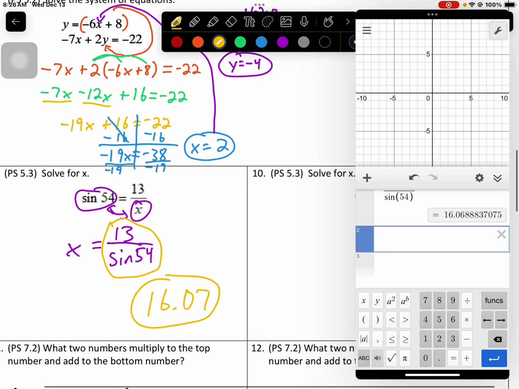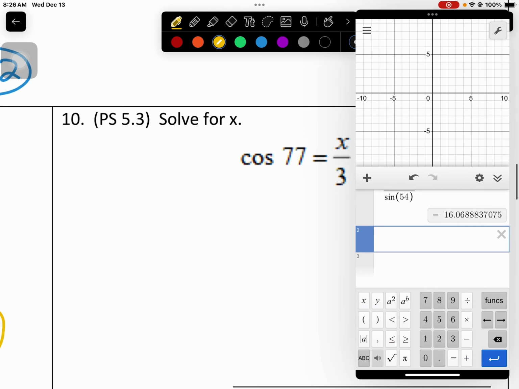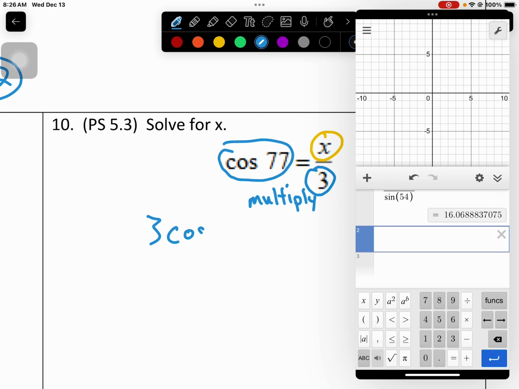Okay, over here, there we go. I gotta zoom in a little bit. Since the X is on the top, you just take these and you multiply them. So put the 3 in front. Okay, and it separates so you don't have to worry about any parentheses.